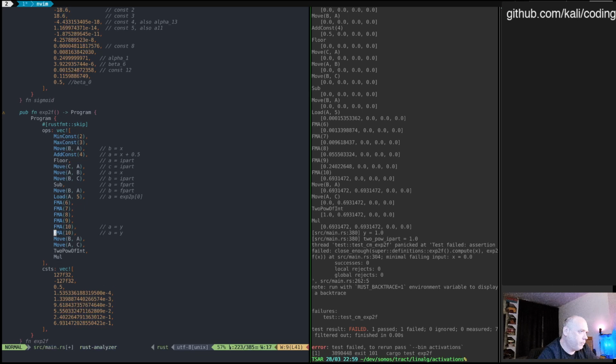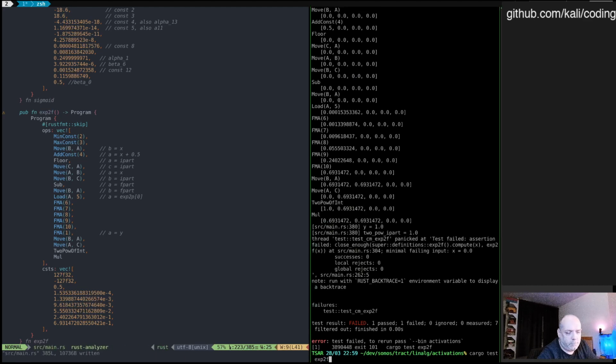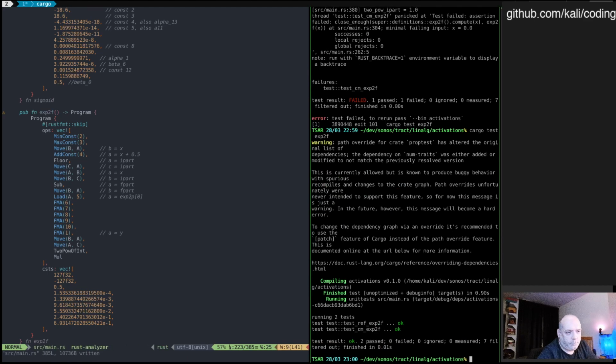So here I need to add FMA of 1. Yes. So we can compute exponentiation with 3 registers. I was sure I would need 4. And I'm not even using the swap BC in that one.